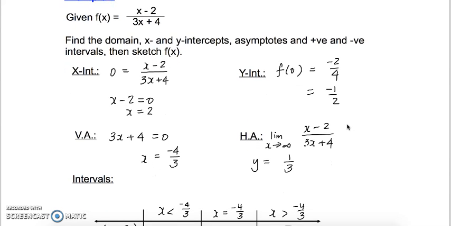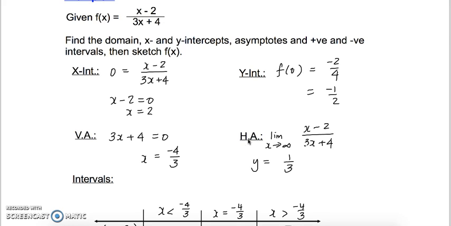Vertical asymptotes. Once again, this is where the function is undefined. So set your denominator 3x plus 4 equal to 0. Solve for x: x is negative 4 over 3. And last but not least, the horizontal asymptote. You can use the limit notation to find this horizontal asymptote, or use the shortcut.